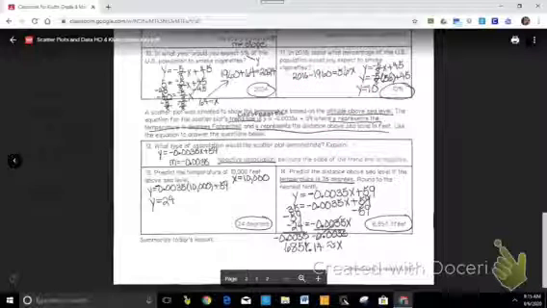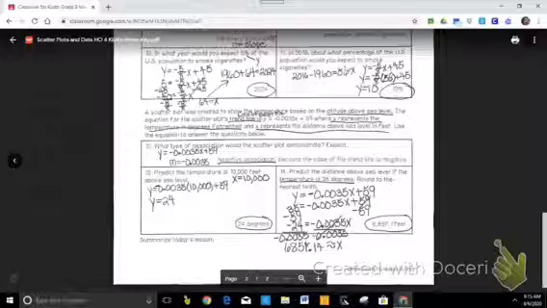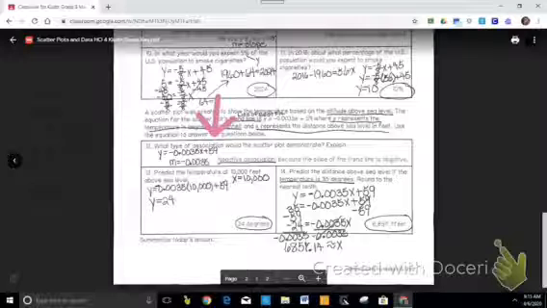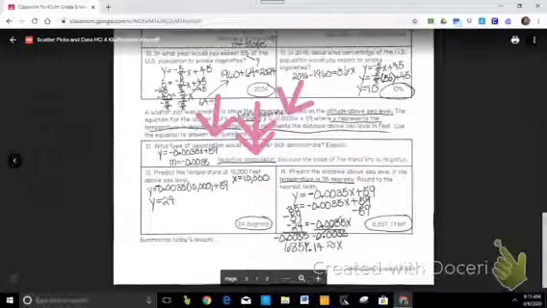Use the equation to answer the questions below. Number 8, what type of association would you expect the scatter plot to demonstrate? Well, because our slope is negative, we would have a negative association.